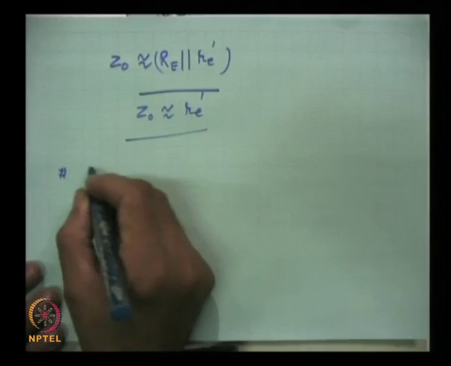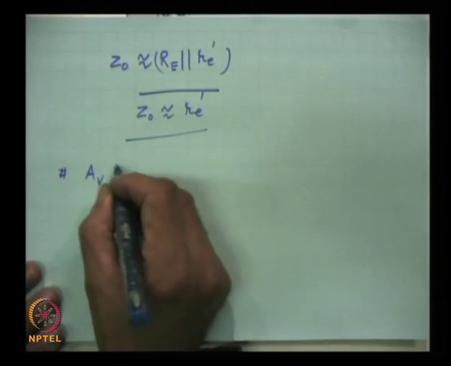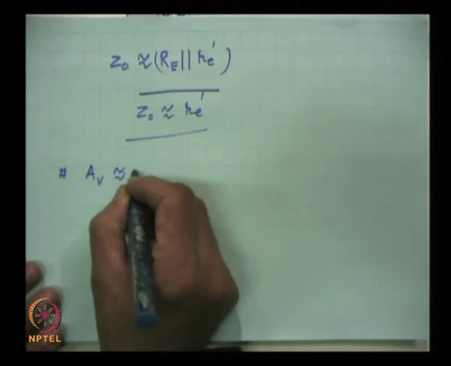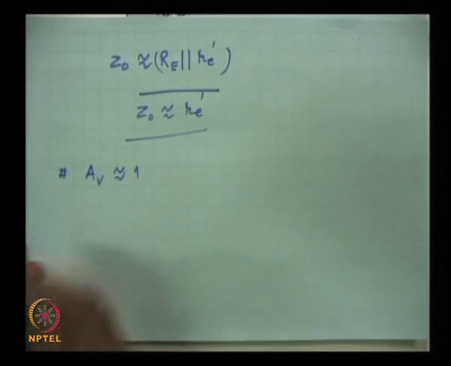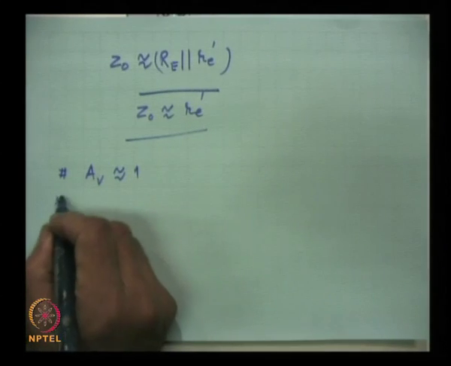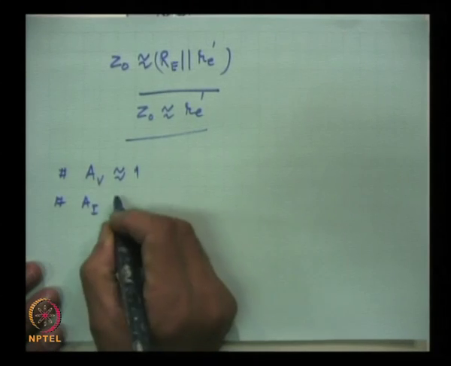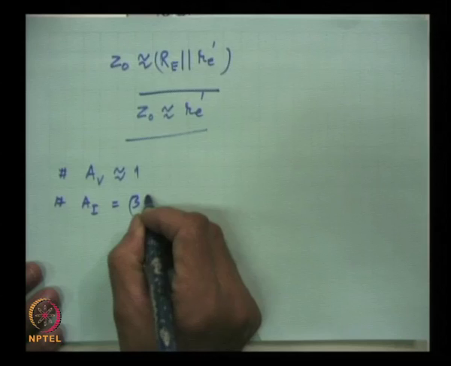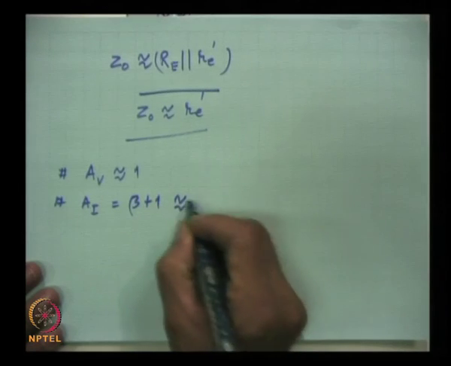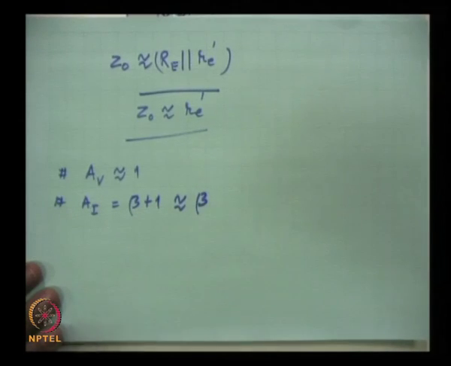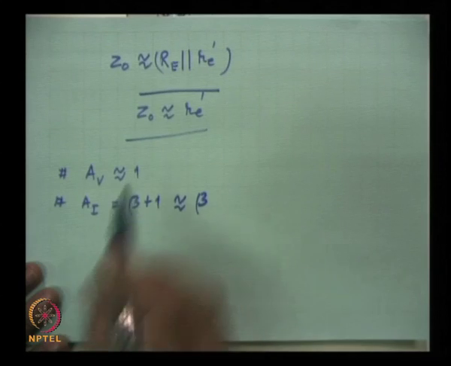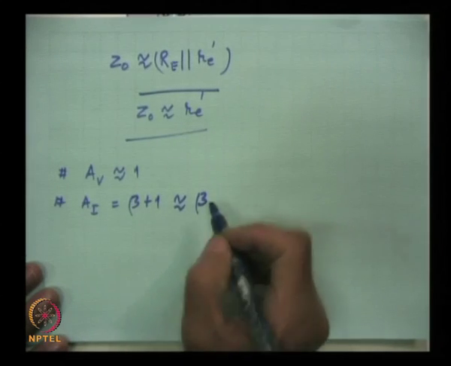To summarize the emitter follower, the voltage gain AV is very close to 1, and current gain is actually beta plus 1, which we can take as beta, because beta is high, 1 can be neglected. So, this is high.